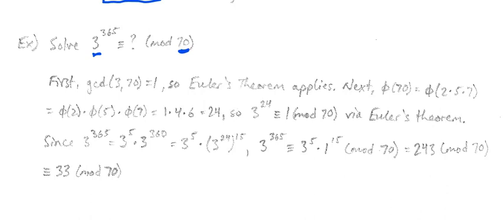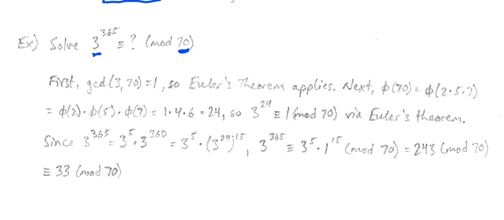So first I'm going to figure out what phi of 70 is. In the previous video, we saw what phi of n is if n is just some prime raised to some power. And then we also learned that phi is a multiplicative function.